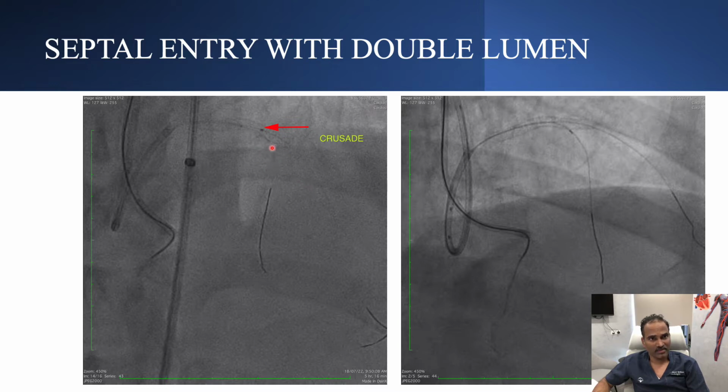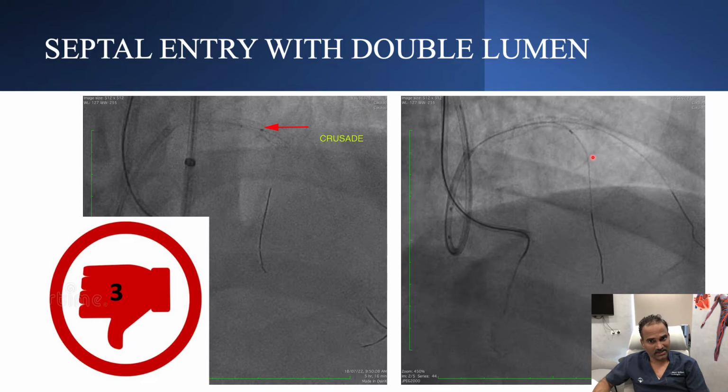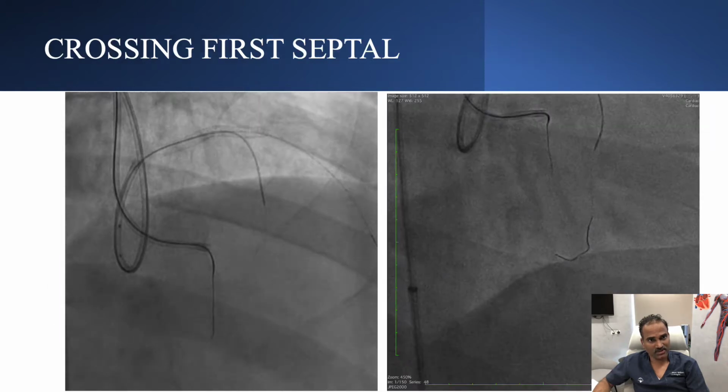And again we had a problem here. Despite repeated attempts, I couldn't enter into the first septal. That's the reason I had to take a Crusade catheter to enter into the first septal, and then we balloon dilated. So this is the third hostility I had during the procedure.